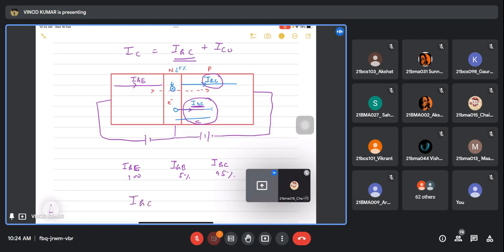So this IHC is nothing but equal to alpha of IHE, or we say IC is equal to alpha IE.